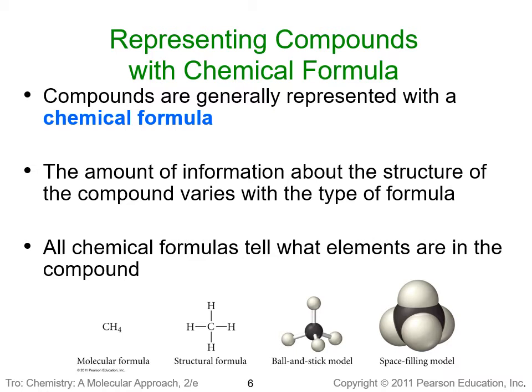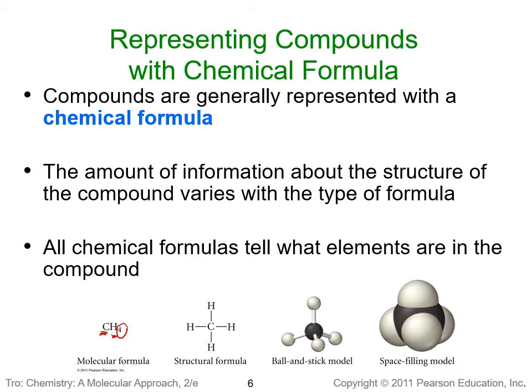So we can start with the molecular formula. We use the elemental symbols and the number that tells us how many of each there are. So in this case, we have 1 carbon and 4 hydrogen. Because these are both nonmetals, this is a covalently bonded compound.